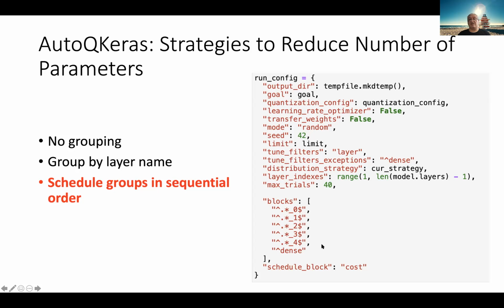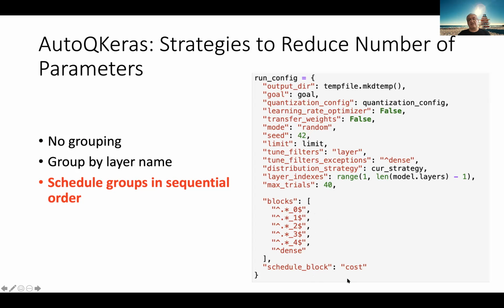When I order these layers, I compute the energy drop I can get, the energy consumption for each of those blocks. And if the scheduling algorithm is based on cost, it picks the one that has the highest cost first. The idea is that this one is going to give me the best result for the quantization if I start with it first. Sometimes, for example with residual networks, you cannot do that because you need dependencies if you're going to do filter adjustments.